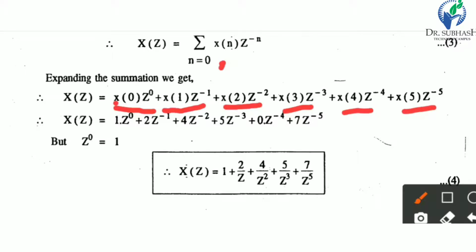Now we have all the values x of 0, x of 1, x of 2, x of 3, x of 4 and x of 5, so we put them in our equation.